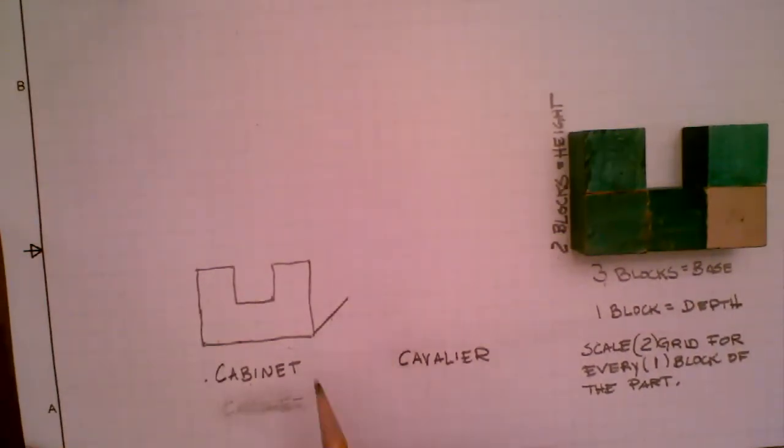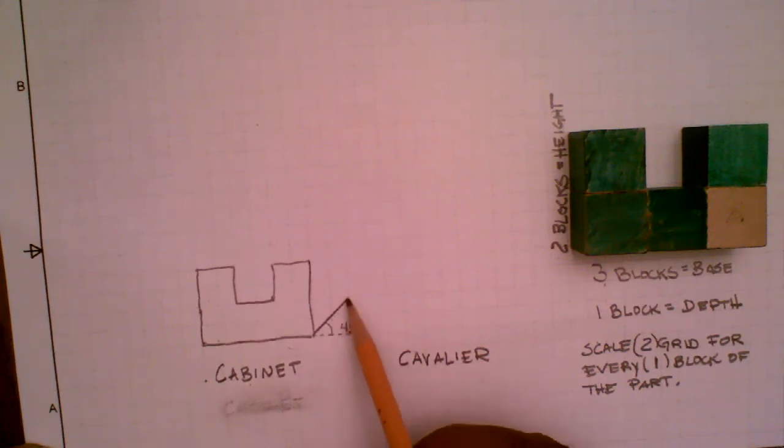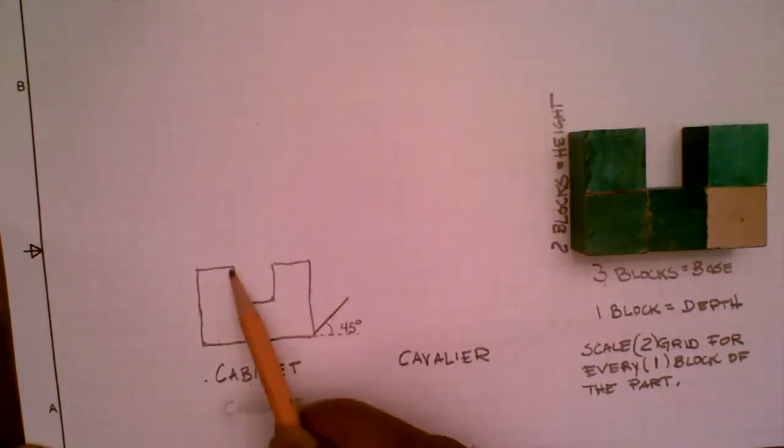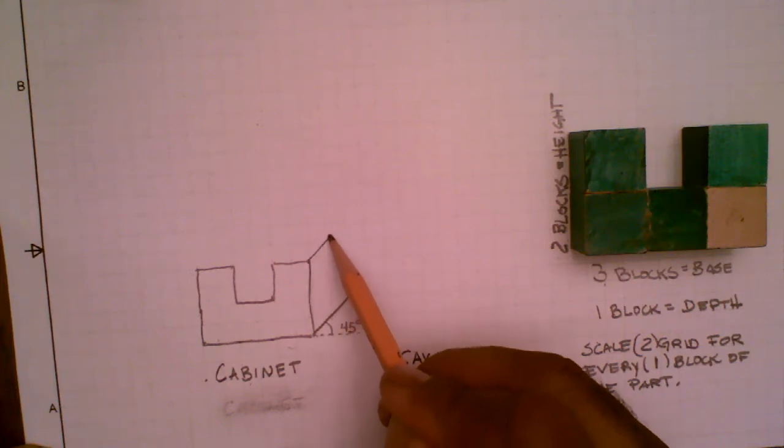To create that angle of 45 degrees, all I did was draw a diagonal across the box, because we know that the box itself is square and makes a 90-degree angle. So to get 45 degrees, I draw a diagonal across the box, and I do that at each one of these points. At this point, 45 degrees.